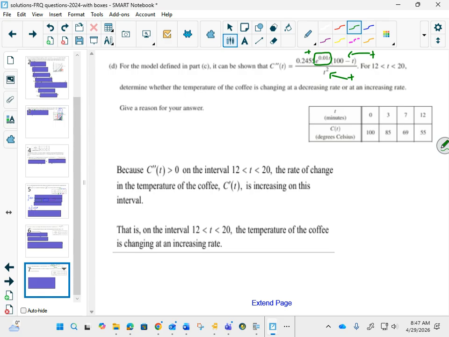The only thing we don't know is the 0.245. I think it's positive. Okay, so we'll just draw a happy face. That's positive as well. Everything is positive, so because the second derivative is positive on this interval, the rate of temperature of the coffee is increasing. So the temperature of the coffee is changing at an increasing rate.